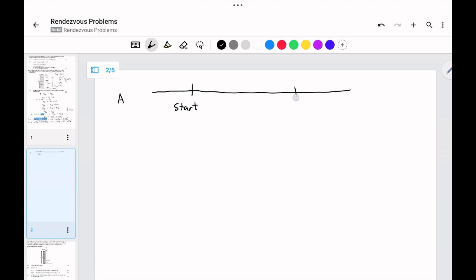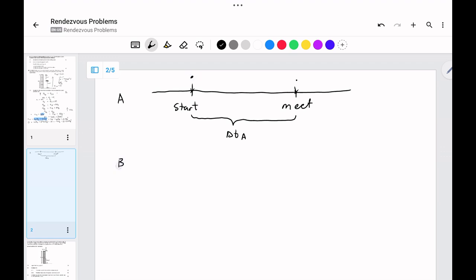And then this is the end, or well, as far as we're concerned, this is where they meet, where A meets B. Then the time interval defined by these two times, this is delta t for A. So you could take this time over here, subtract off this time, that would give you delta TA.